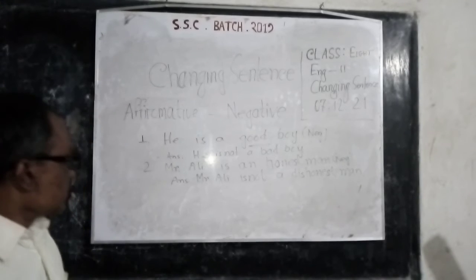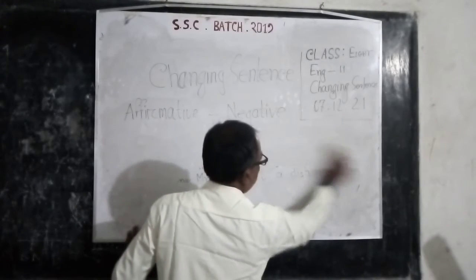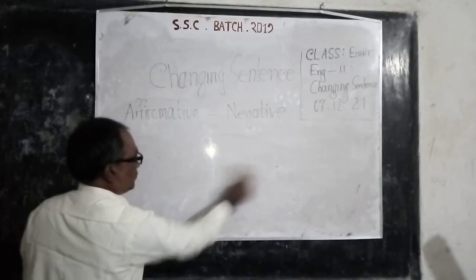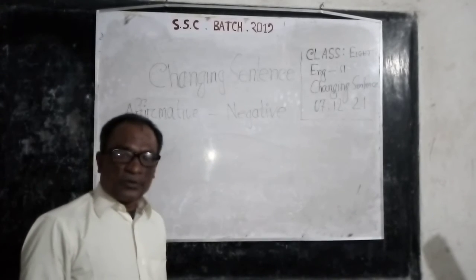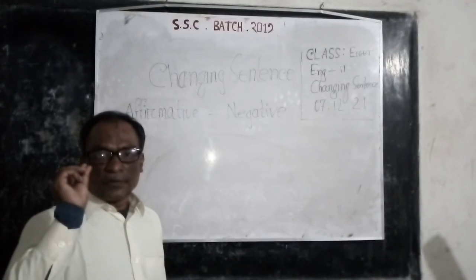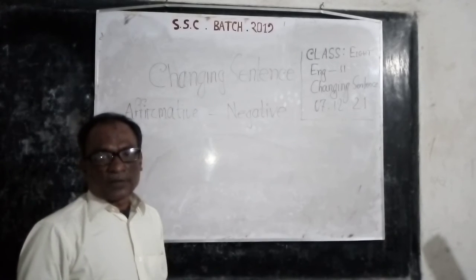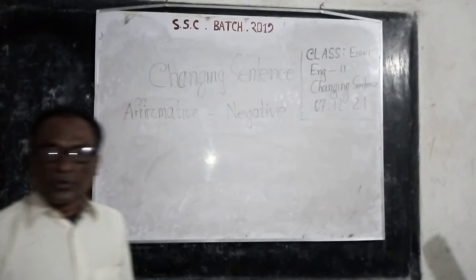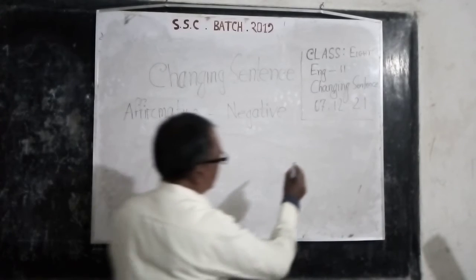In most cases, if we do not find any auxiliary verb, then we use do not, did not, does not.